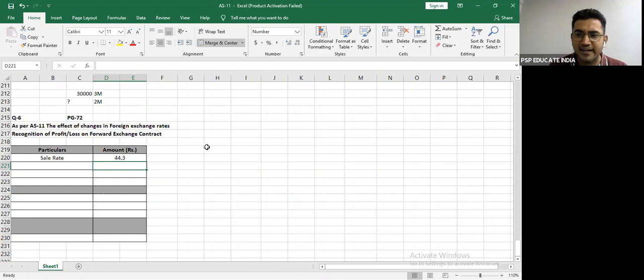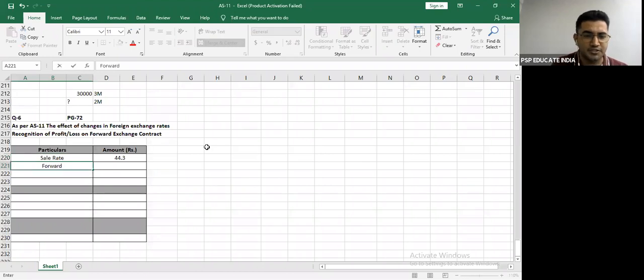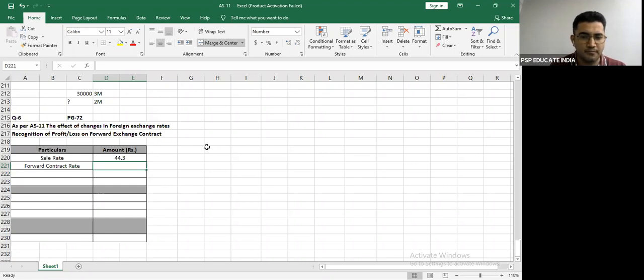What is the rate at which you will now do the dealing? You will now do the dealing at the forward contract rate. So what's your forward contract rate in the question? Look at the question and tell me. 44.1.